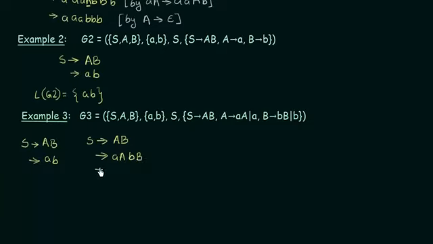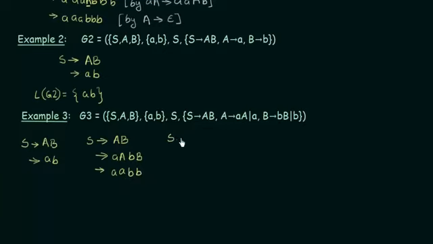Then I will expand this further: I will take the value of A as small a now, and the value of B as small b. So this A comes down as it is, and instead of this A over here I will take small a. This B comes down as it is, and instead of this capital B I'll write small b. So this is another string that can be generated from this grammar G3.